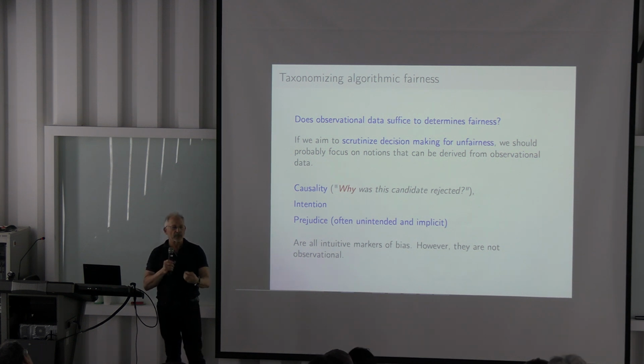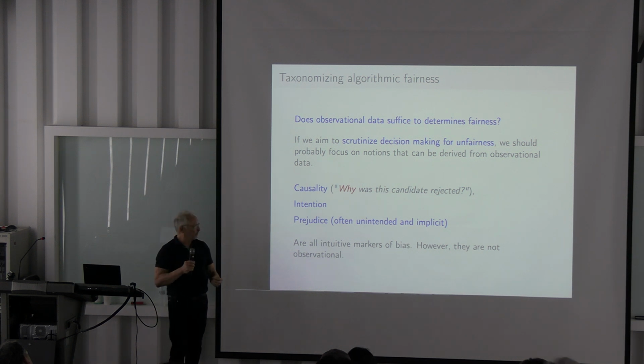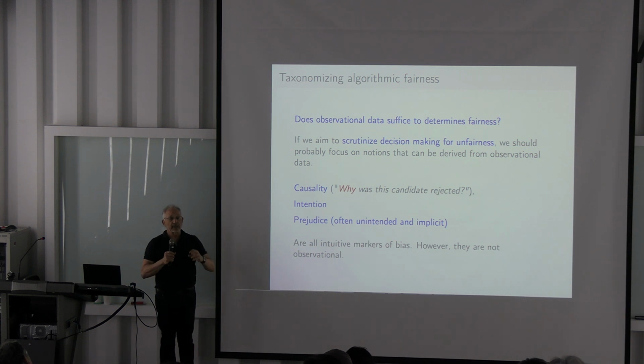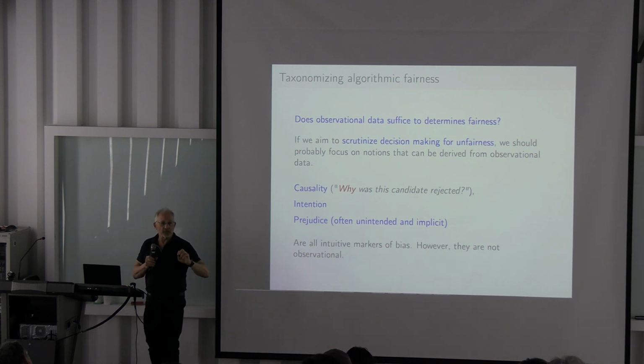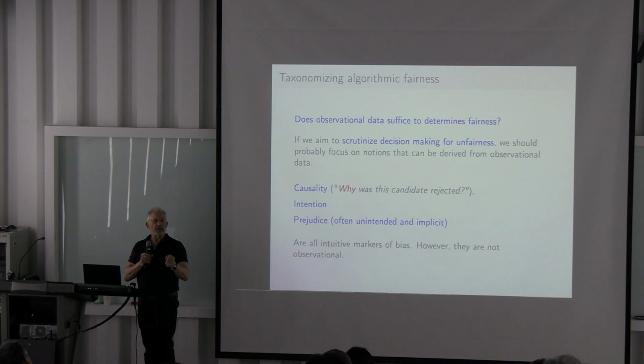But those are things that we cannot observe. So we cannot make regulations. We cannot make decisions about algorithms which are based on unobservable features. And I think, to me, this is one of the big reasons that we have such a difficulty with defining fairness, that we end up with definitions that contradict each other.